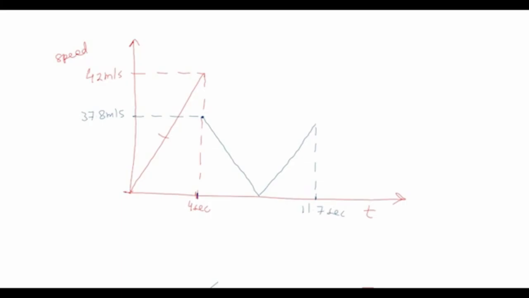So over here at this point, the ball again makes the impact with the ground and loses 10% of its speed again. So if we lose 10% of this speed, we can calculate the next speed as 37.8 times 0.9, which is equal to 34.02.